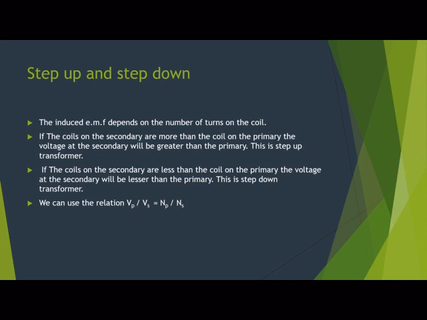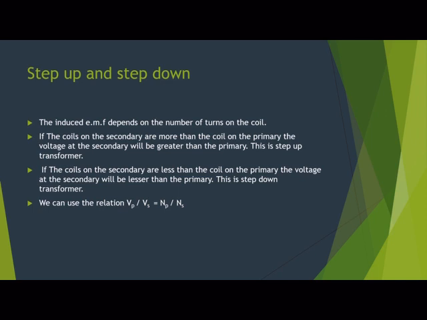This is a step-down transformer. We can use the relation voltage at primary divided by voltage at secondary equals number of turns in primary upon number of turns in secondary to design a transformer.